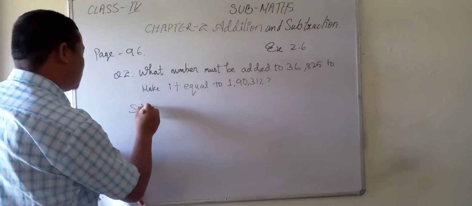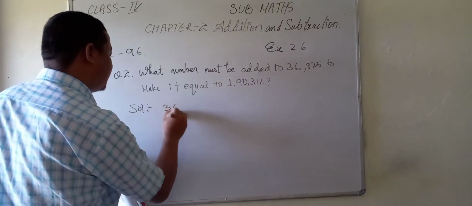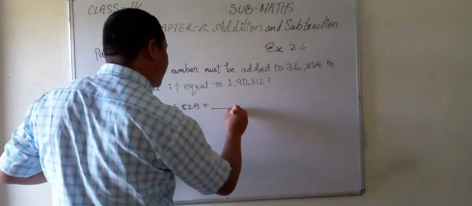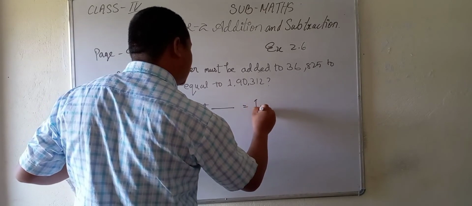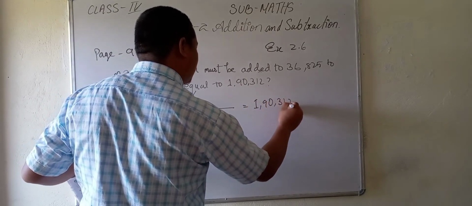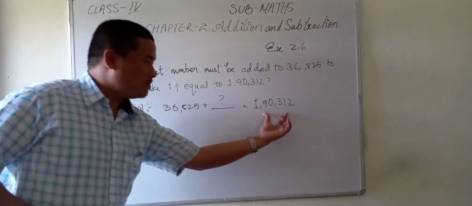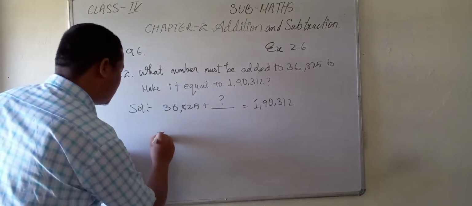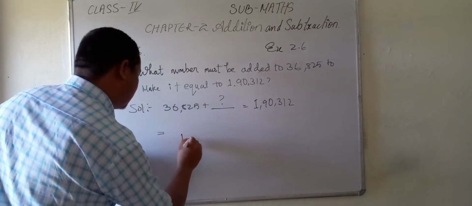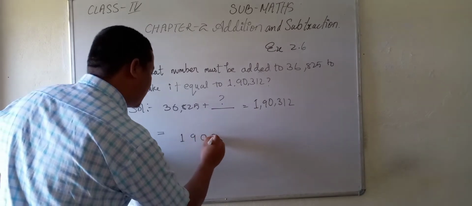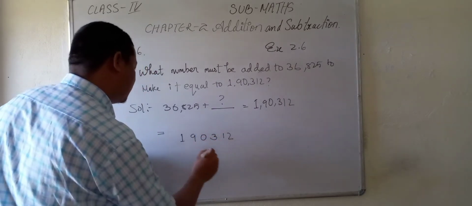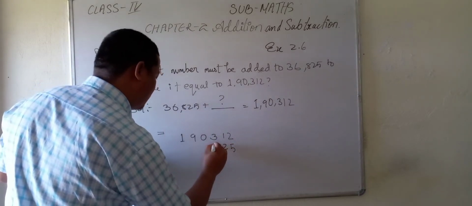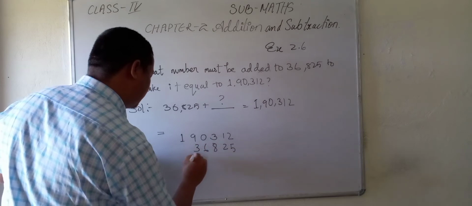Suppose 36,825 plus dash equals 1,90,312. So from this number we will subtract this number: 1,90,312 minus 36,825.